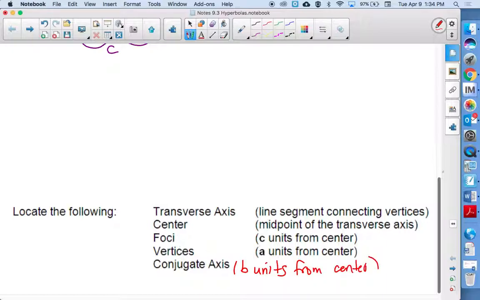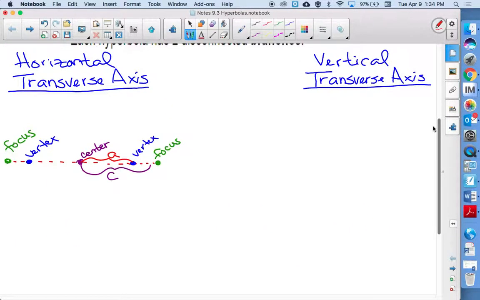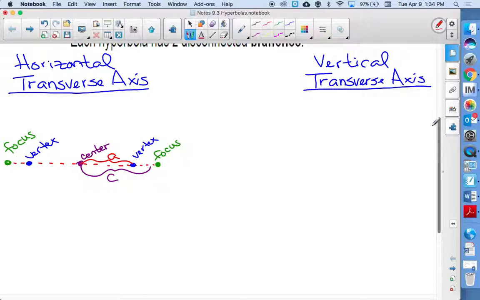Now, of course, it doesn't have specific endpoint values, but if we go in the other direction, that's going to get us the width of the parabolas or the branches so that we know how wide or narrow they would be. So going from the center up a distance and down a distance makes this conjugate axis.